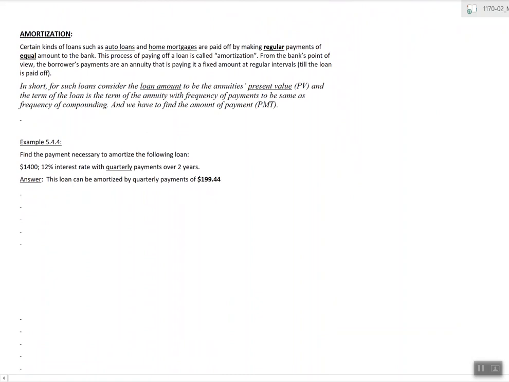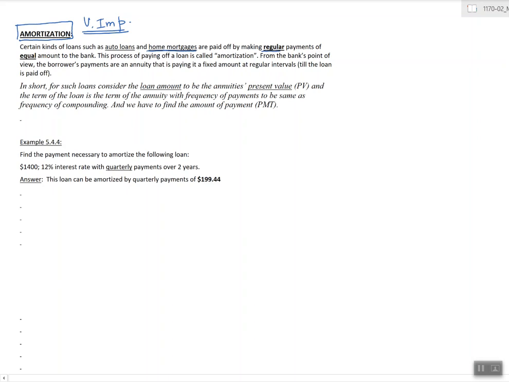The final application for this kind of question on present value is of amortization. Now this is a very important application. Certain kinds of loans, such as auto loans, home mortgages, are paid off by making regular payments of equal amount to the bank.